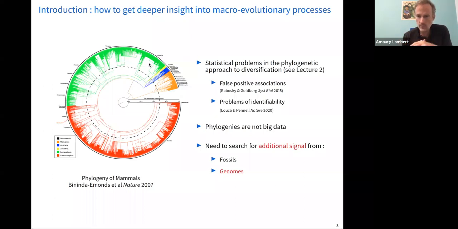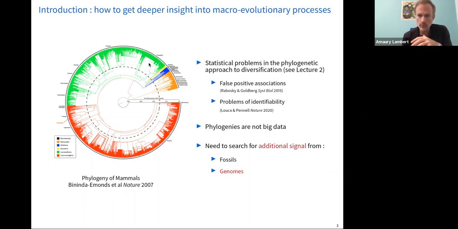And indeed these methods would detect an association. So that's the first class of problem, false positive associations. And the second class is the problems of identifiability, where for different scenarios of time variation of the diversification rate, you get the same likelihood of the reconstructed tree of the phylogeny.